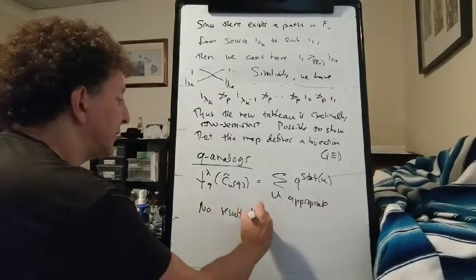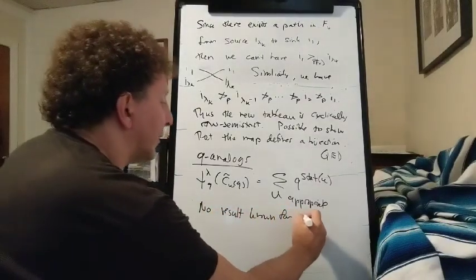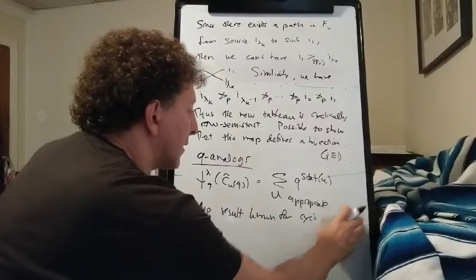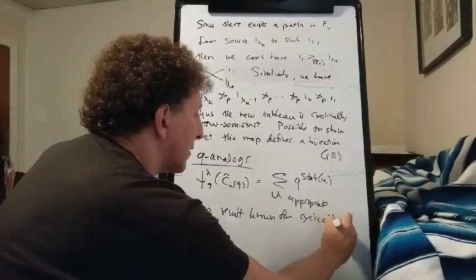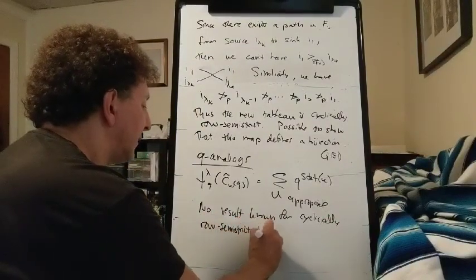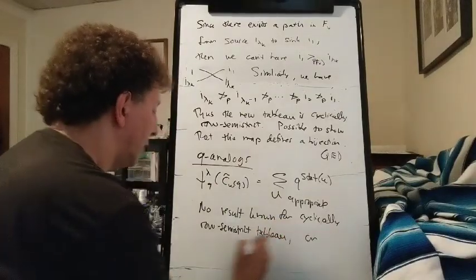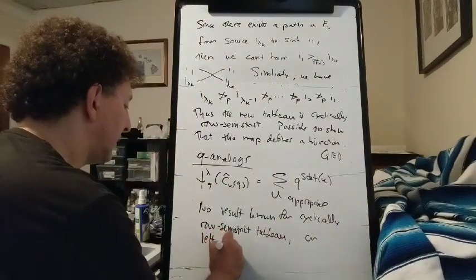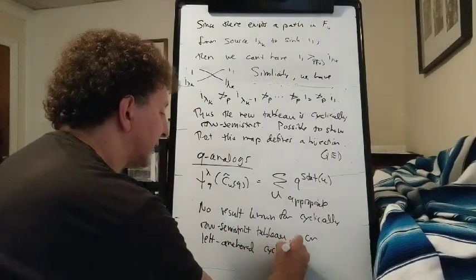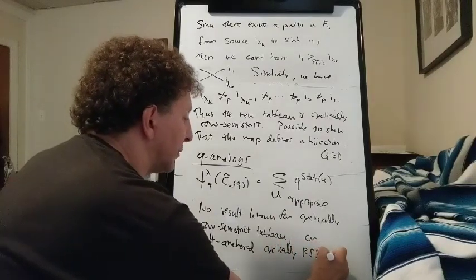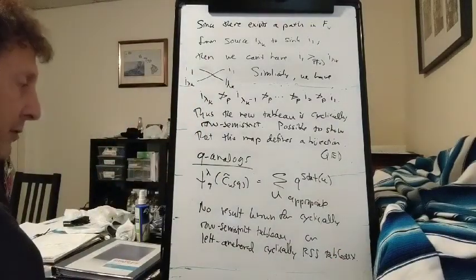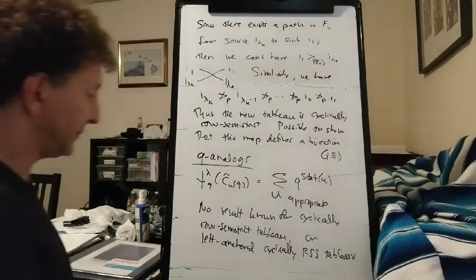So no result is known for cyclically row semi-strict tableau or left anchored cyclically row semi-strict tableau. But there is a result for right anchored cyclically row semi-strict tableau.